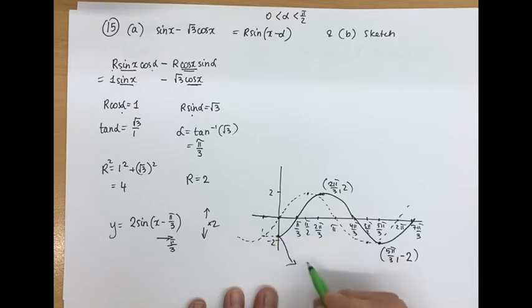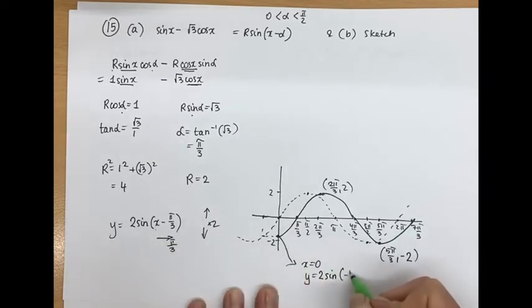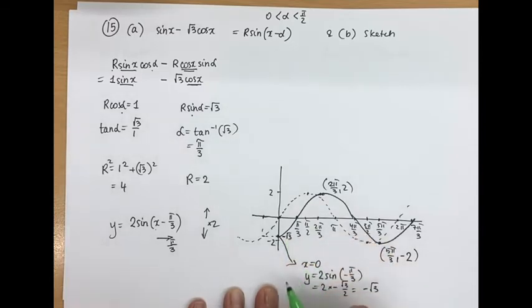So this is when x is equal to 0. Your y is going to be equal to 2 sine, putting 0 into this, of minus pi over 3. So that gives me 2 times negative root 3 over 2, which gives me negative root 3. So that point here is negative root 3.